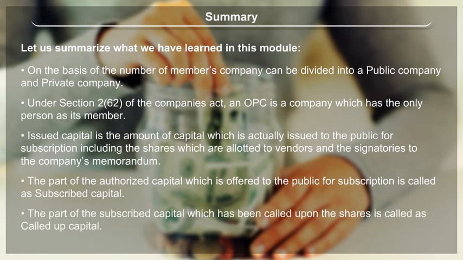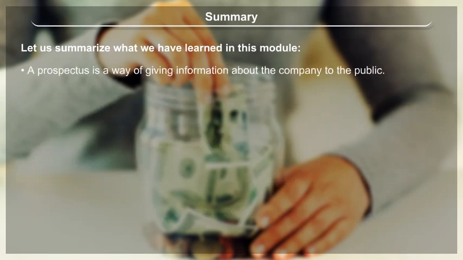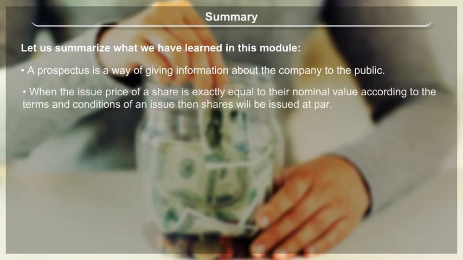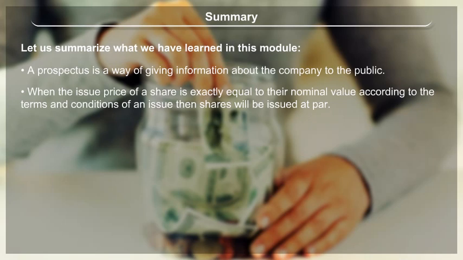The part of the subscribed capital which has been called upon the shares is called called up capital. A prospectus is a way of giving information about the company to the public. When the issue price of a share is exactly equal to its nominal value according to the terms and conditions of an issue, then shares will be issued at par.